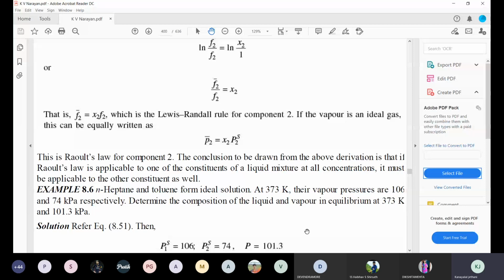What is the value of x1? 0.85. 0.853. Okay, find out y1 then.